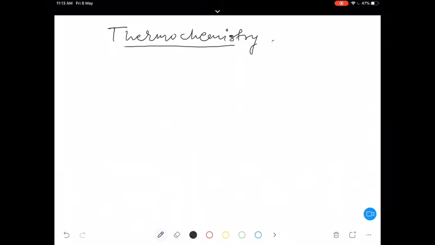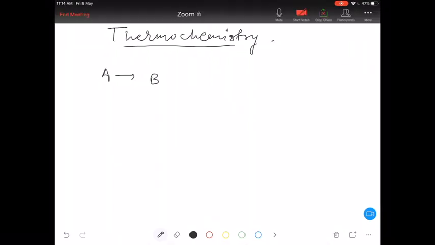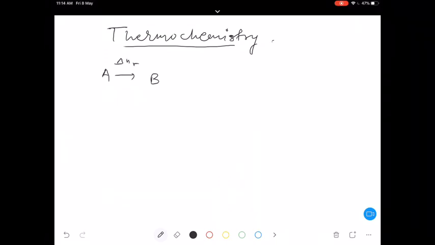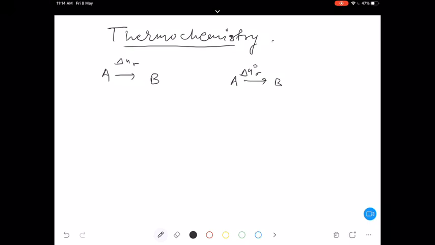That's what we are going to do. So here, let's say we'll just write A giving you B, and here we are saying that the enthalpy change I write as delta HR, or if I write A giving you B, I write delta H naught R.